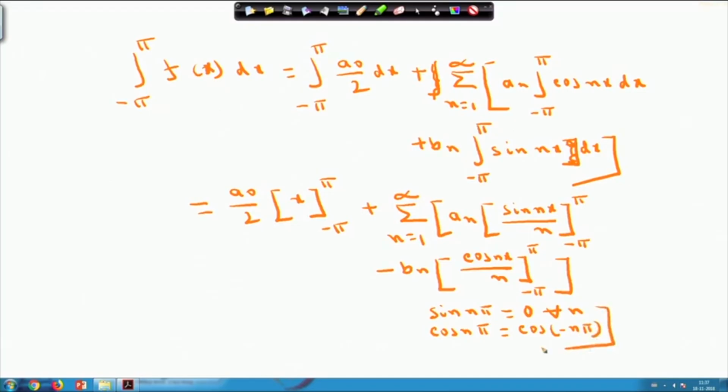If I use these two facts, sin n pi equals 0 and cos n pi equals cos of minus n pi, then you will see these two terms will vanish, so that you will obtain a0 by 2 into 2 pi, which is nothing but pi into a0. So, from here I can tell the value of a naught.